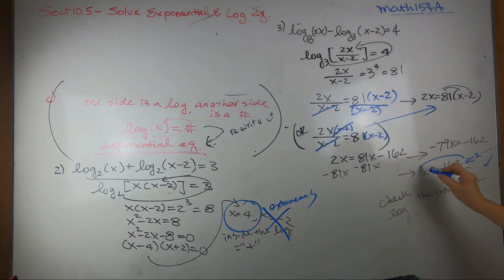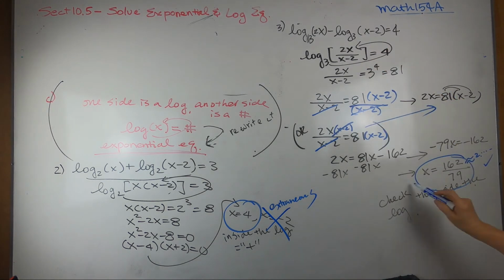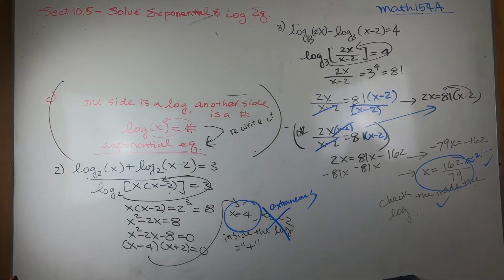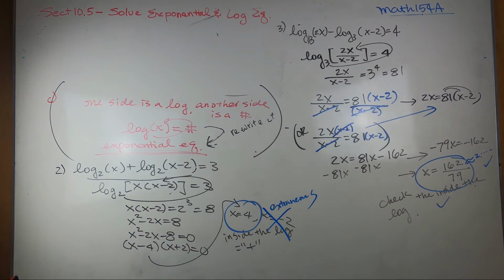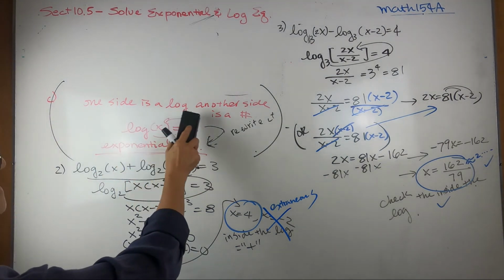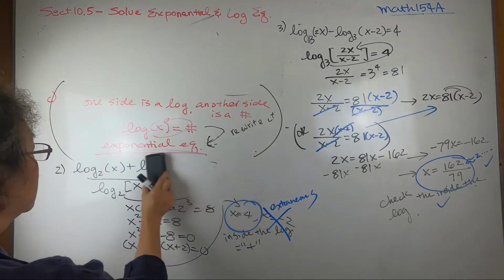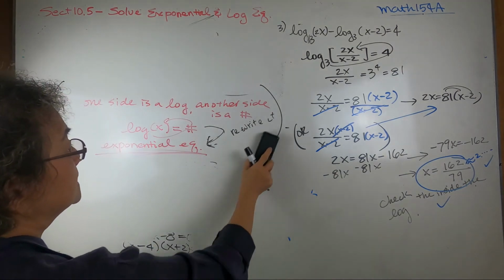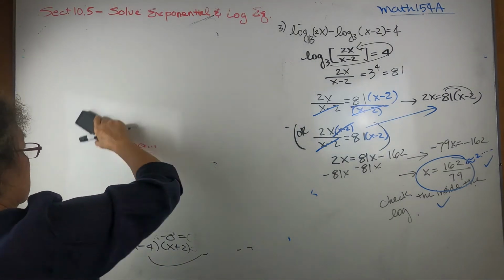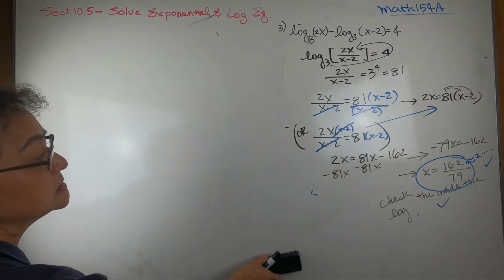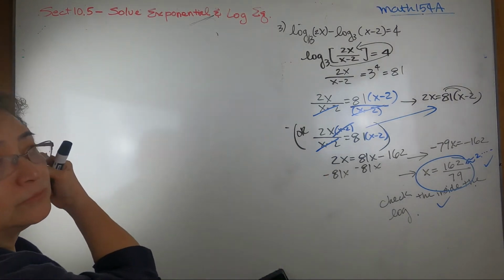It's okay. If you plug in, x minus 2 is still positive. You have to check the inside of the log. It's still okay, right? So we want to make sure one side is a log and the other side is a number, so you can interpret with the exponential equations to resolve, right?